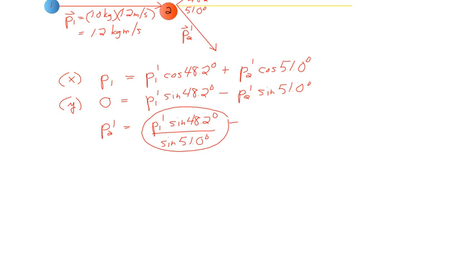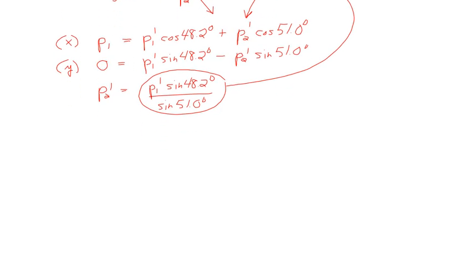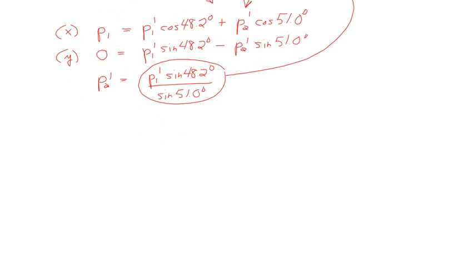So I'm going to take this, and I'm going to plug it right in there, because then I'll only have P1 prime in my equation, and I can always solve if there's only one unknown variable. So plugging in, I'm going to rewrite the first equation. P1 is going to equal P1 prime cosine of 48.2 degrees plus, and here is where I'm going to replace this with that.